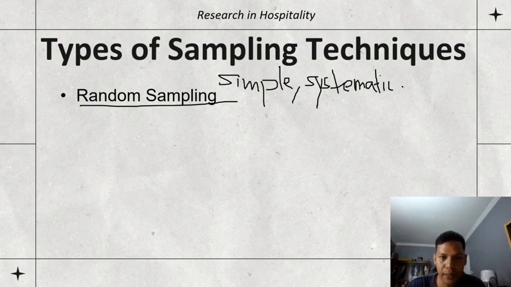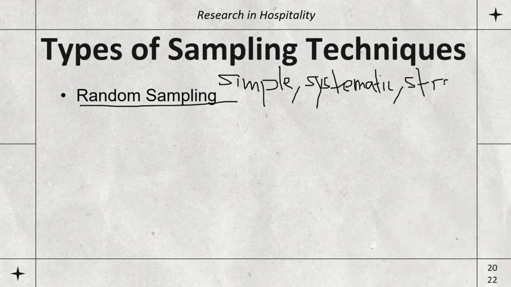So I give you an assignment to search in Google what's the difference between simple, systematic, and stratified. So that when you put this in your manuscript, you have an accurate use of the sampling technique, stratified. So again, under random sampling, we have simple random sampling, systematic random sampling, and stratified random sampling.